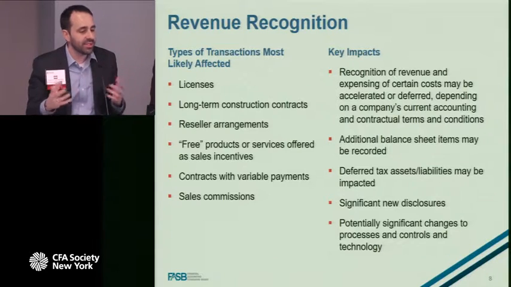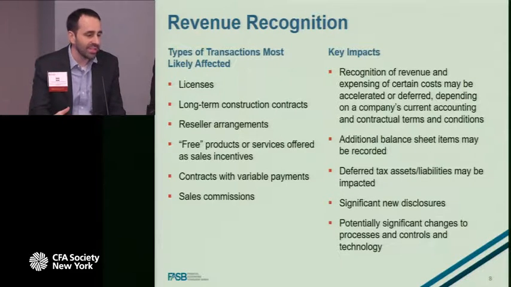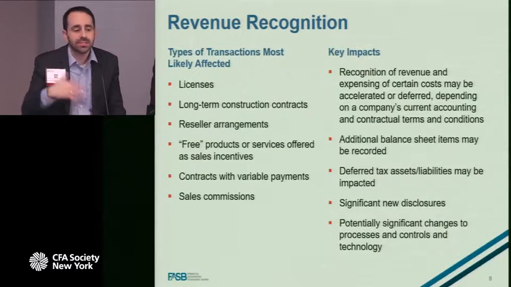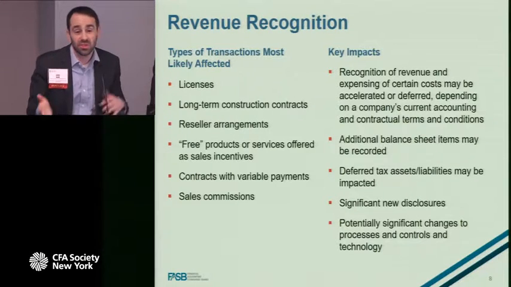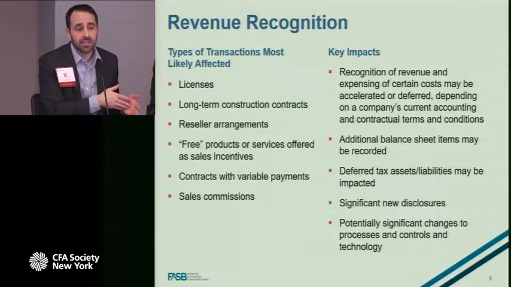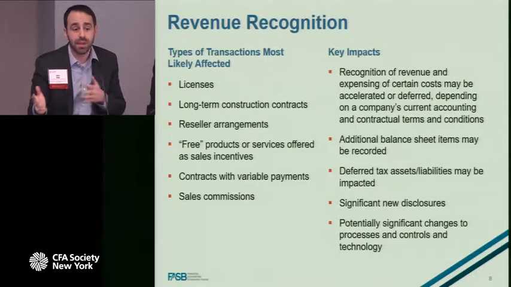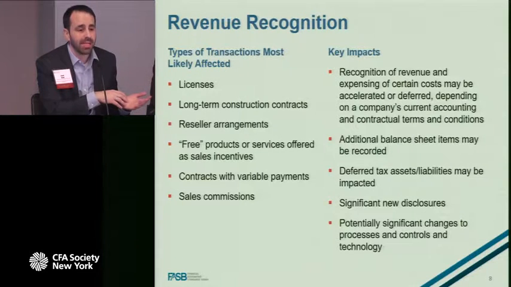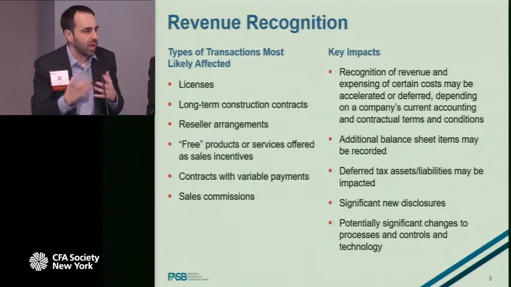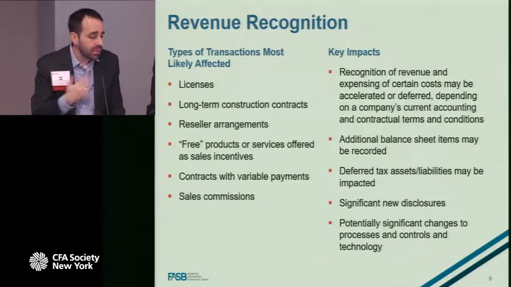So because of those different types of transactions that are going to be affected, you're going to see a lot of different changes on the financial statements. So in certain cases, revenue might actually be accelerated. In certain cases, it might be deferred, depending on the transaction. There will be additional balance sheet items, so potentially additional capitalized costs or contract assets.